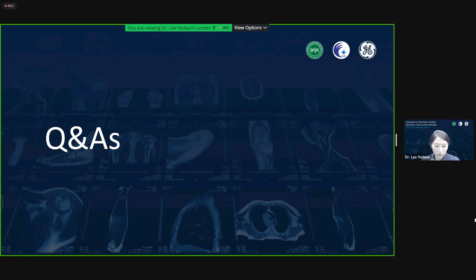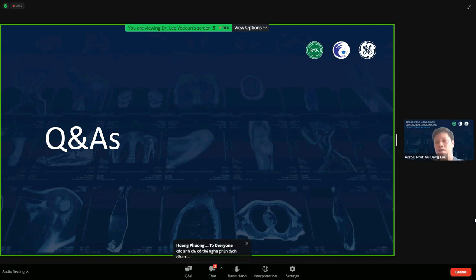Due to those kinds of problems, some institutions use both ECCM and hepatocyte agent, but I think over 90% of institutions in Korea use Primovist for the liver MRI, especially for the diagnosis or management of HCC.